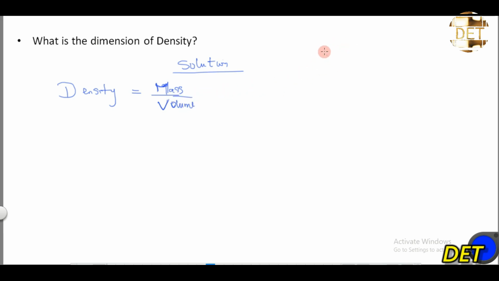So volume as a derived quantity, volume is equal to length times length times length, right? So the dimension for volume will be equal to what? L cubed. L times L times L will give you L raised to the power of 3, L cube, right? So the dimension for mass is m. The dimension for volume is L cube.